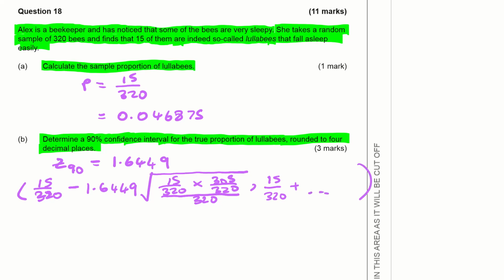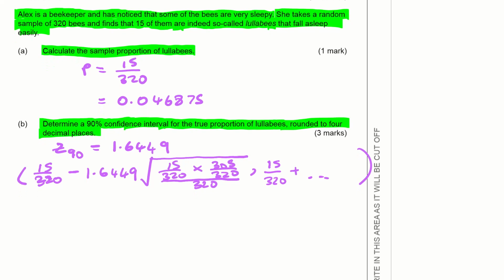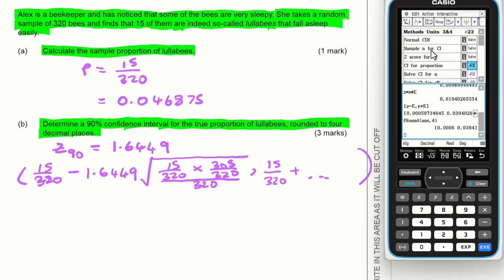And you could calculate that, but we'll probably just use the activity. Let's just quickly grab that again. We're actually in that one because it was the last thing we used here. So what did she have? 15 out of 320?